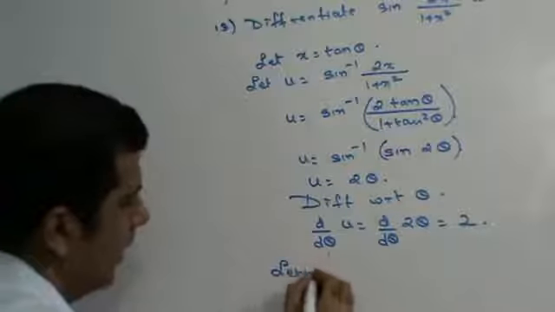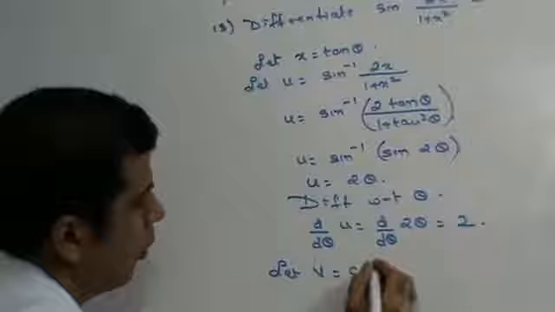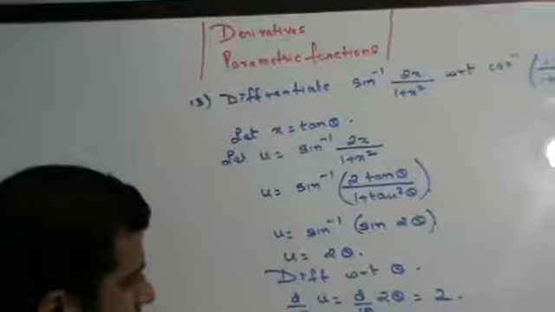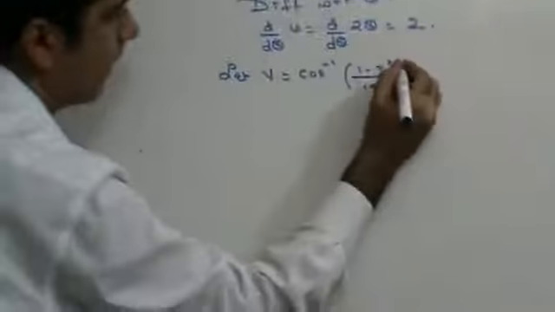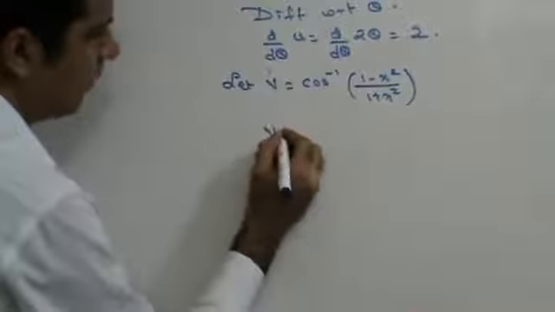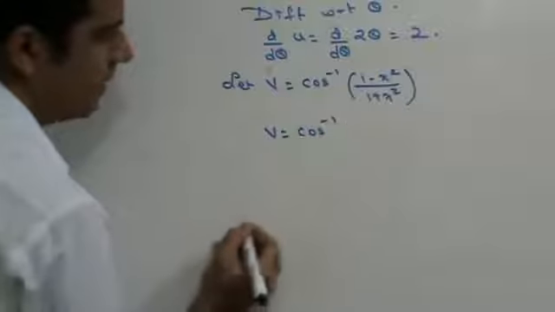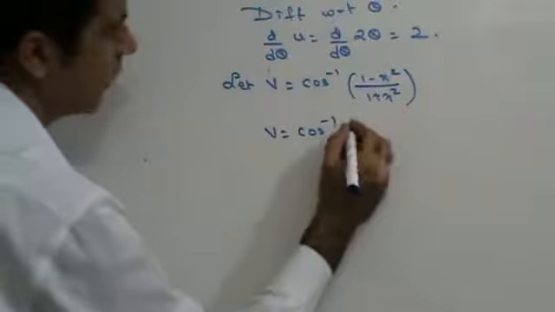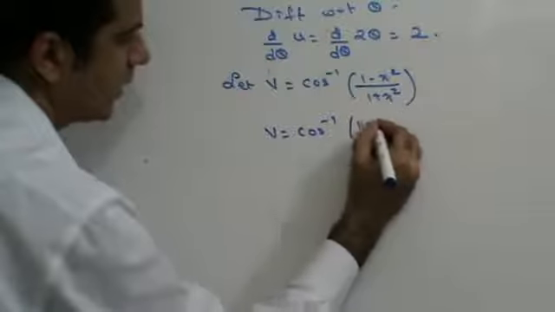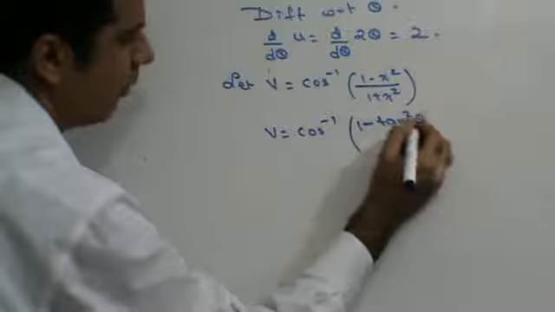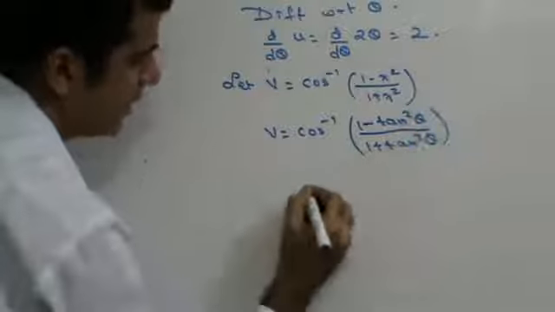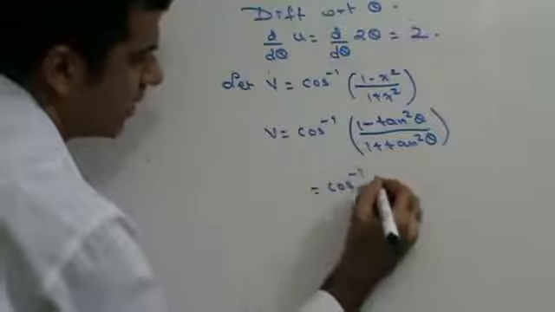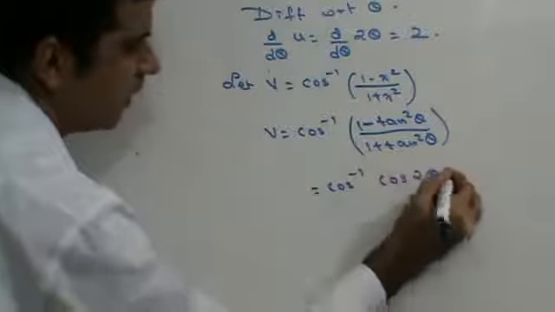Similarly, let v be equal to cos inverse of 1 minus x square upon 1 plus x square. We have assumed the value of x to be tan theta. So this will be 1 minus tan square theta upon 1 plus tan square theta, which is nothing but cos 2 theta.